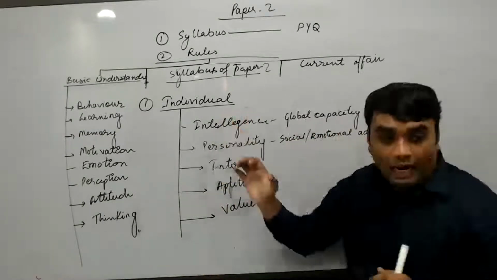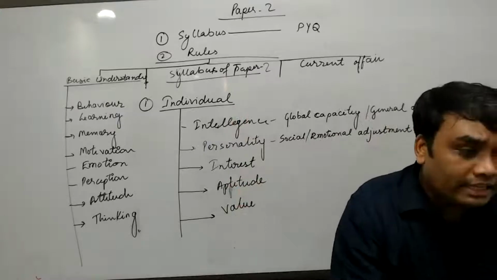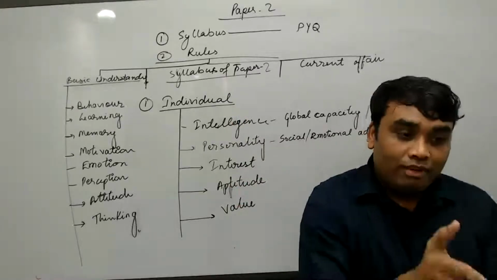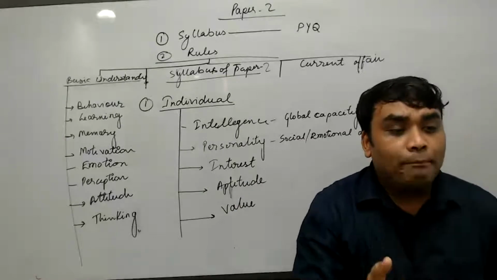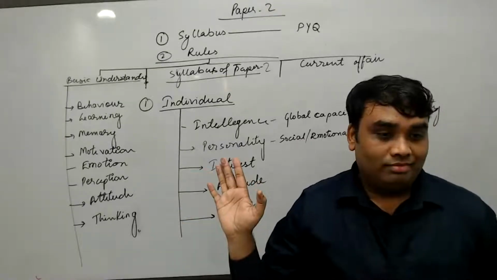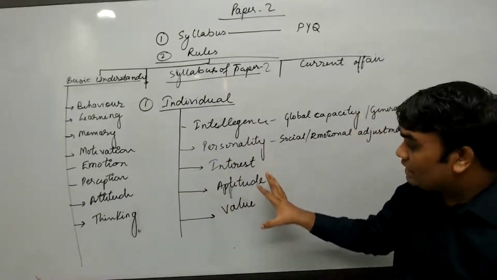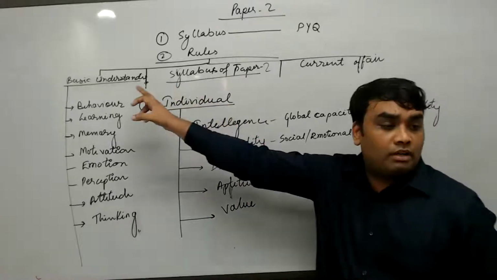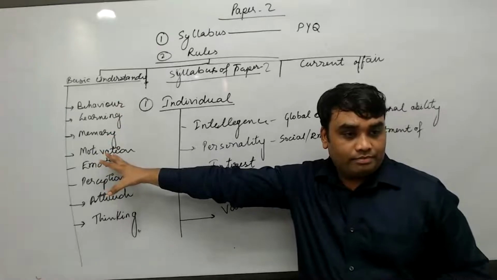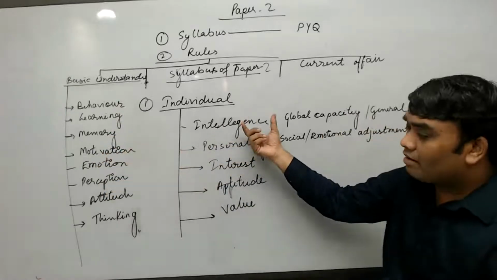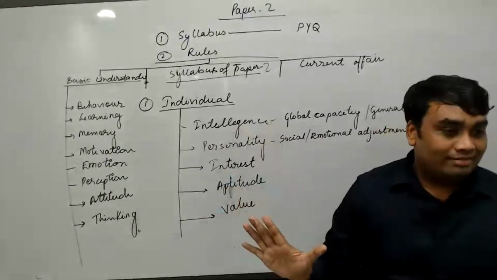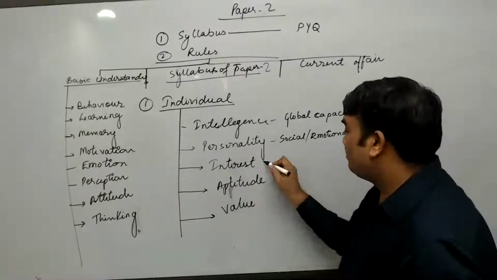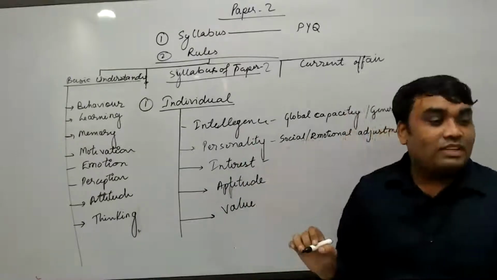So here I want to tell only one thing: the basic words and their meanings will help you to understand Paper 2. We are using all these basic words from the papers, and here we are writing the meanings in very short. What is personality? What is interest?